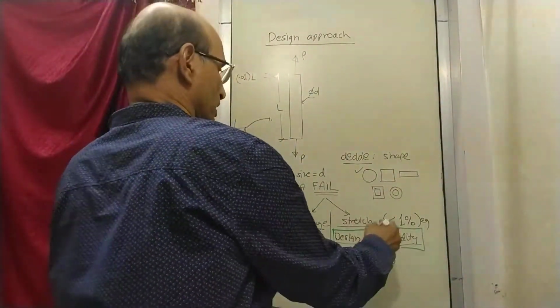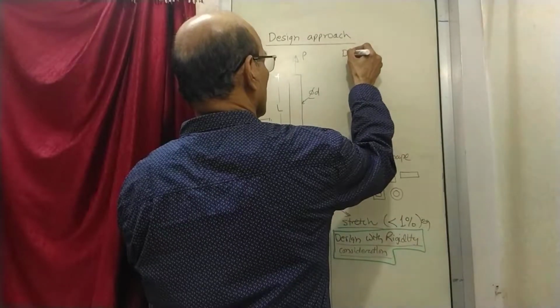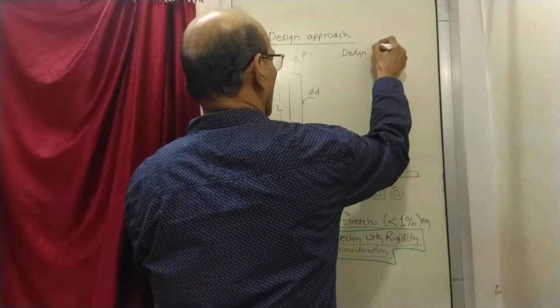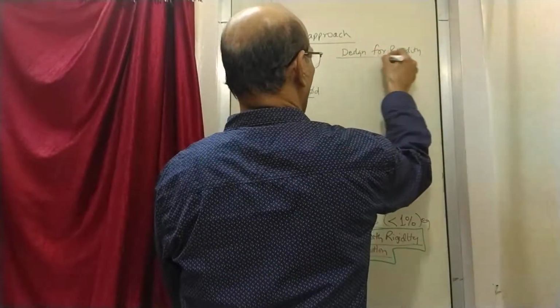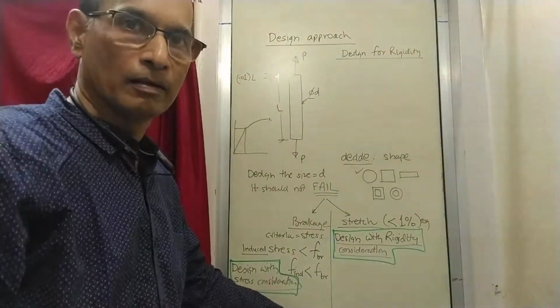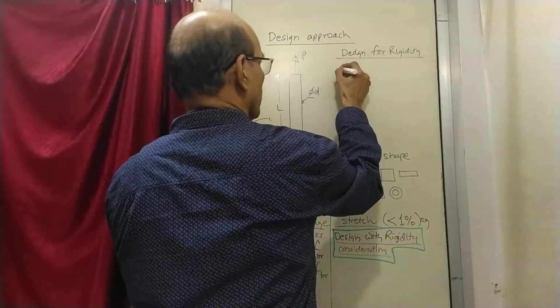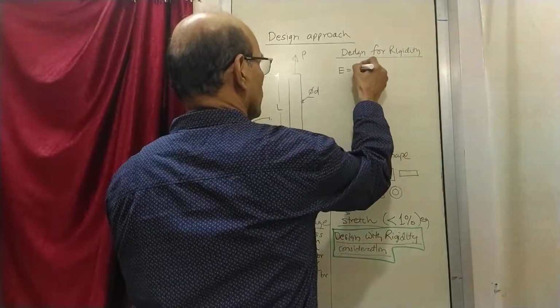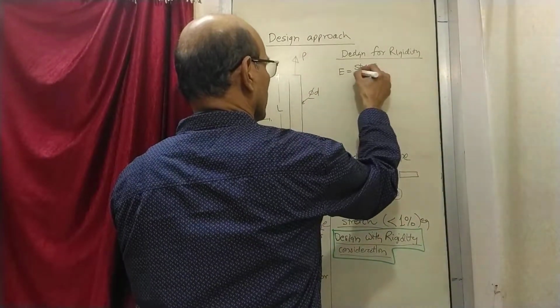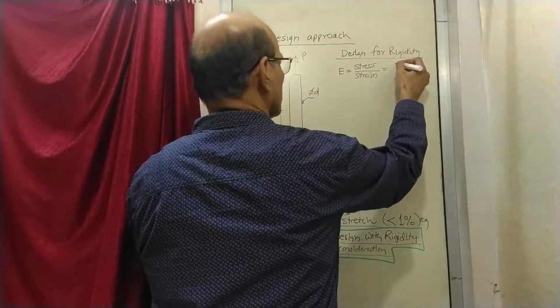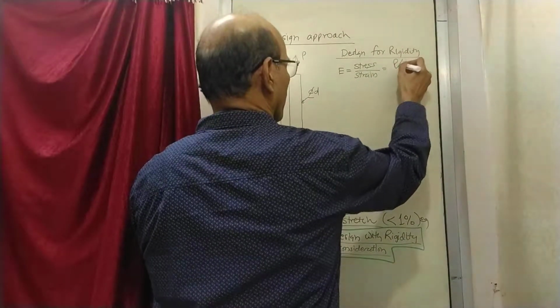Now for the first case, design for rigidity. Here I will say that Young's modulus E is equal to, all of you know this, stress upon strain. What is stress? In this case, P upon area.